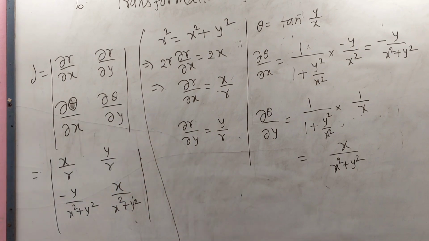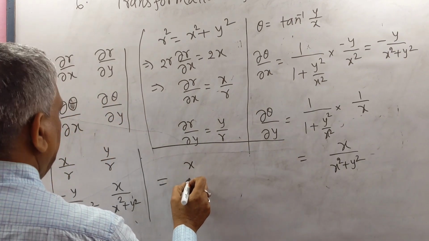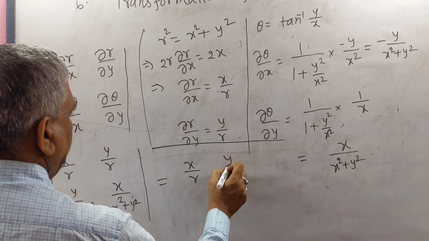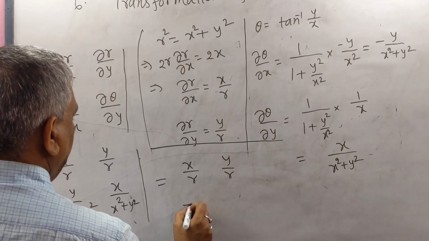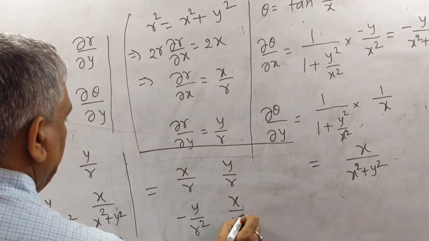We can write this equal to x by r, y by r, minus y by r square, x by r square.